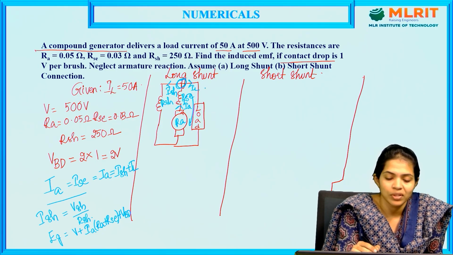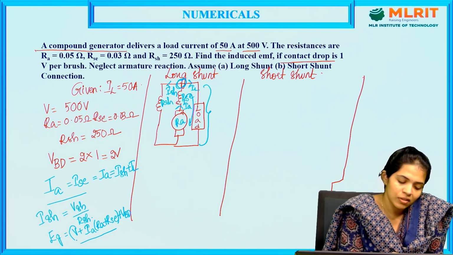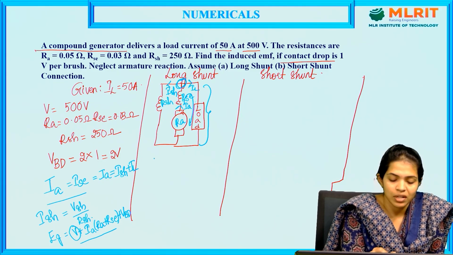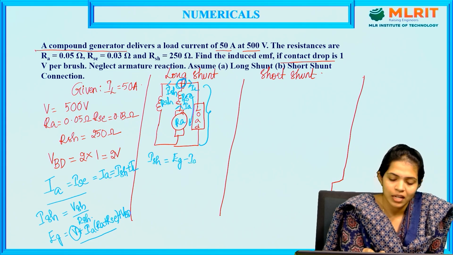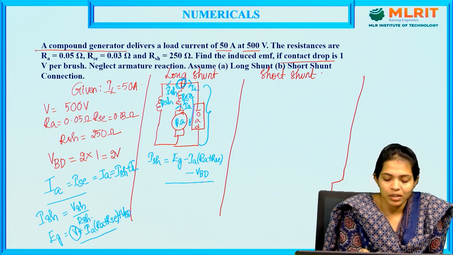So when we write for this particular loop here, we get this particular equation. So ISH can be calculated as EG minus IA into RA plus RSC minus VBD, divided by RSH.